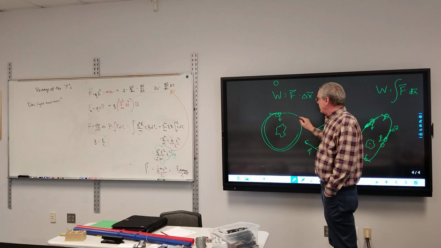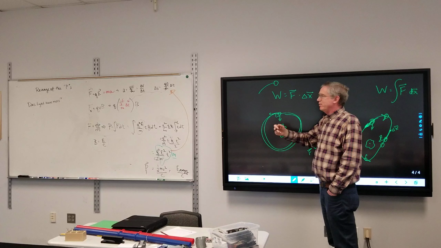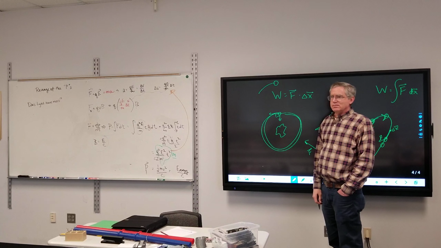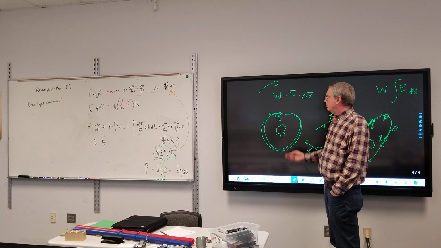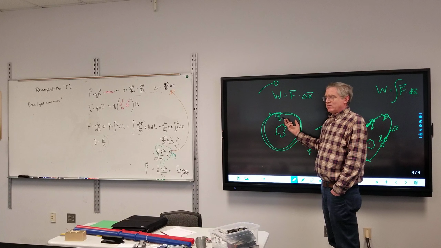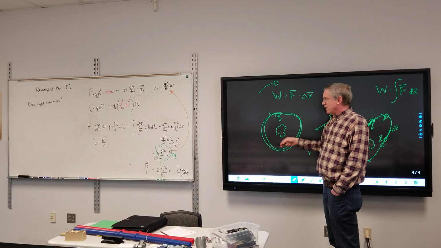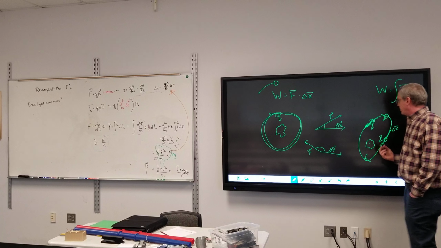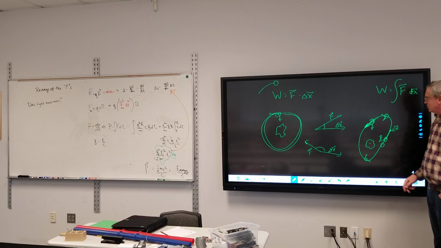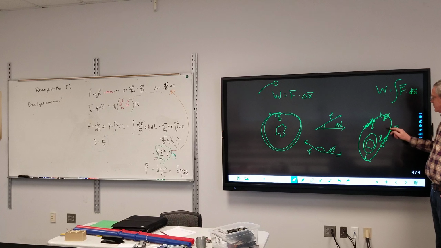So in one Earth year, this planet might go that far. So if it's a circular orbit, it doesn't change because they're perpendicular the entire time. If it's an elliptical orbit, well, Earth goes around once, this travels some segment of arc here.